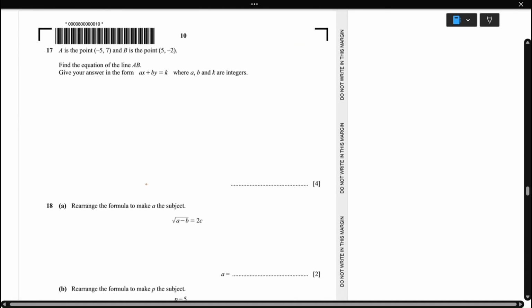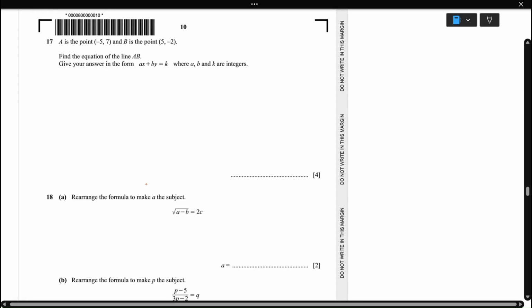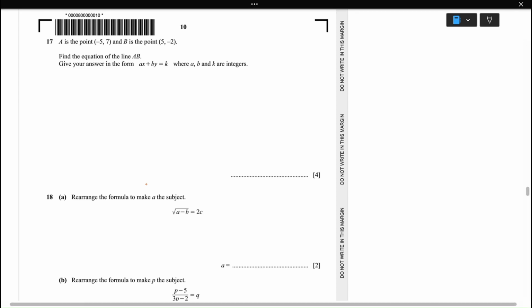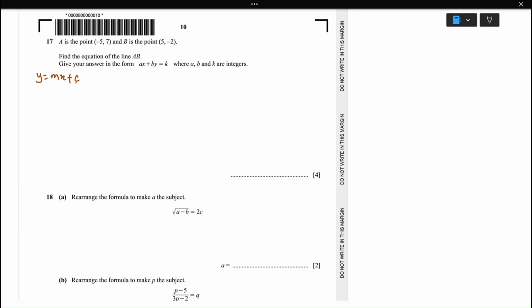Next, A is the point negative 5 comma 7 and B is the point 5 comma negative 2. Find the equation of the line AB. So for a line equation, we know y equals mx plus c. First we need to find the gradient. Gradient equals y2 minus y1 over x2 minus x1.